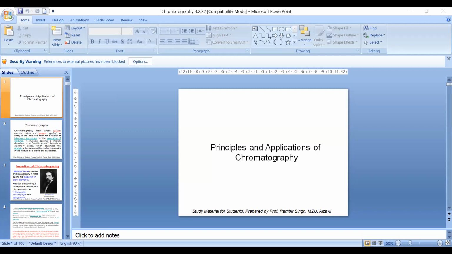In chromatography, everything depends on retention. The separation depends on retention. If there is no retention, there is no separation. But if there is very high retention, again there is no separation.